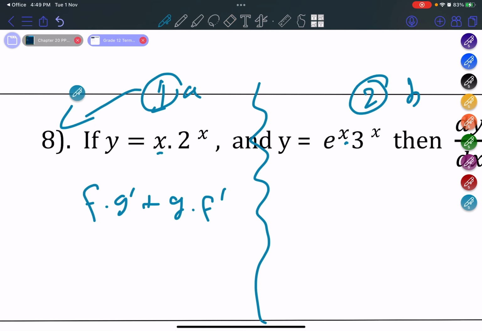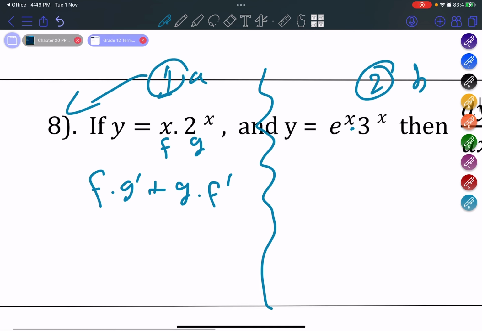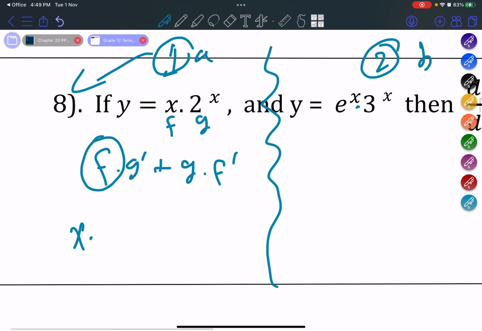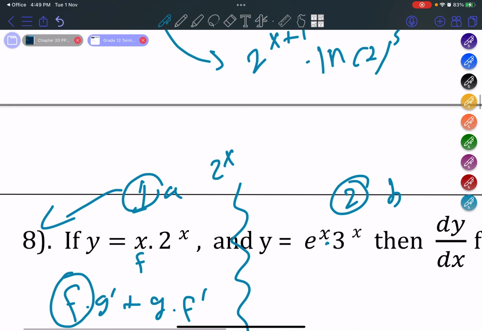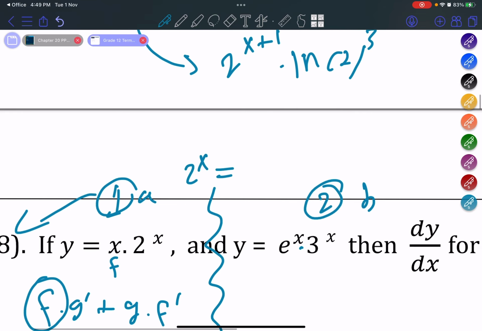So what is f? This is f in this case, and the second function should be g. Let's start by writing f, which is x, times g prime, which is the derivative of 2 power x. As we just said, this is an exponential rule, so the derivative of this function would be 2 power x times ln the base, which is 2.